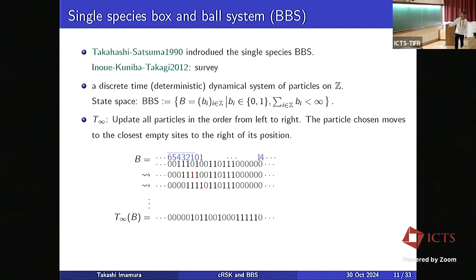This updates all particles in order from left to right. The particle chosen, in this case the leftmost particle at -4, moves to the closest empty site, in this case -1, like this. We repeat this procedure until the update of the rightmost particle is finished, and then we get a one-time update like this.